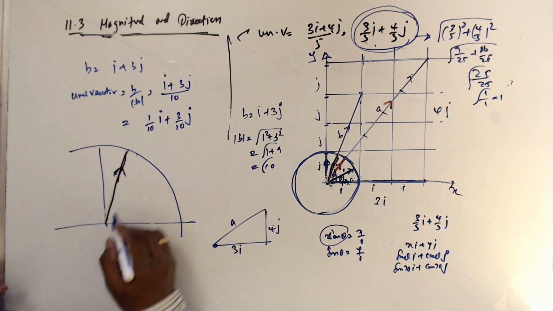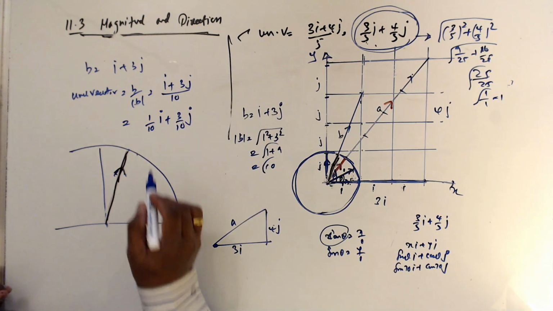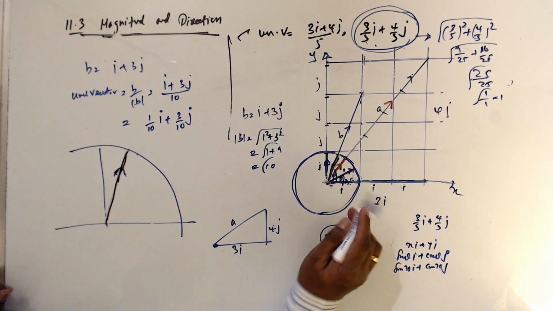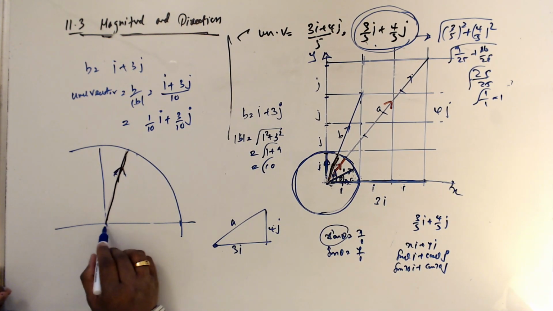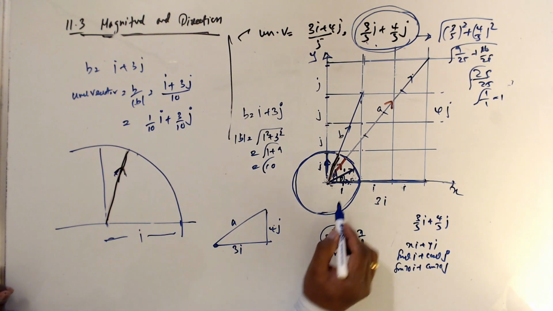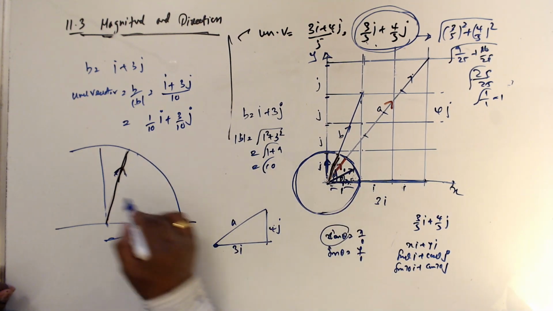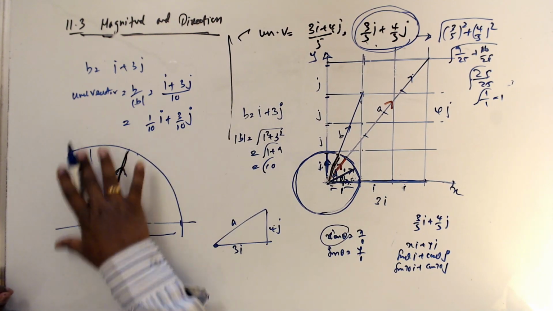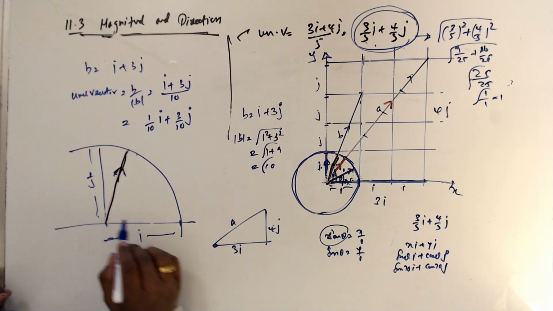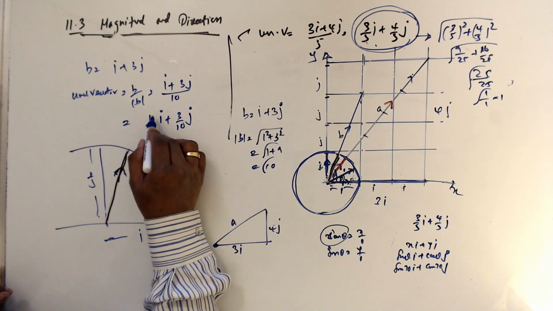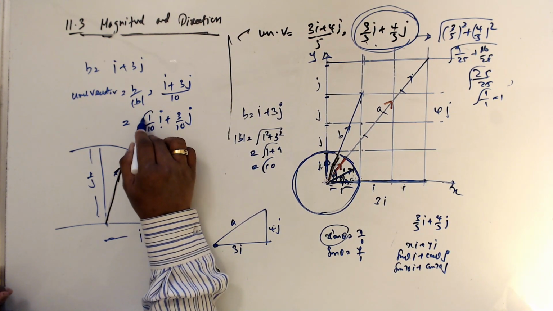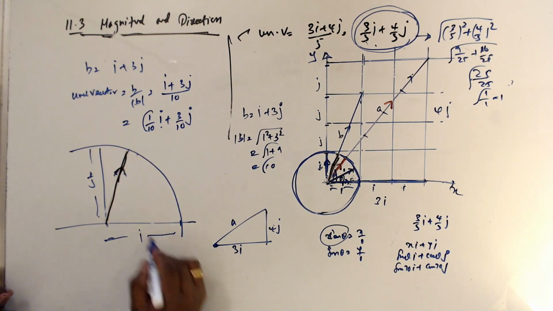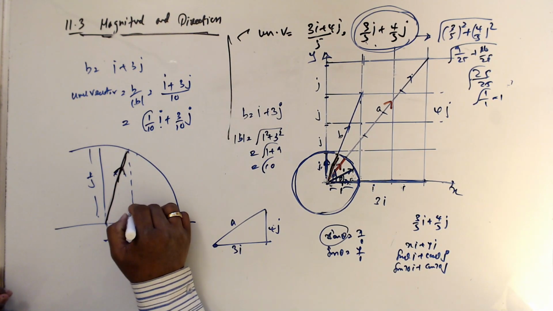Now what is this vector? 1 over square root 10 i. What is the meaning of that? You have to take i. This distance is i now. Can you see this is i, and this is j. This is the bigger version of it. For the i length, you have to divide by the square root of 10.